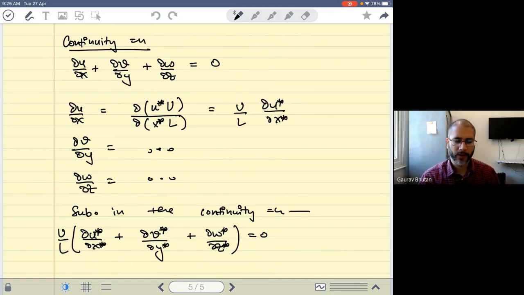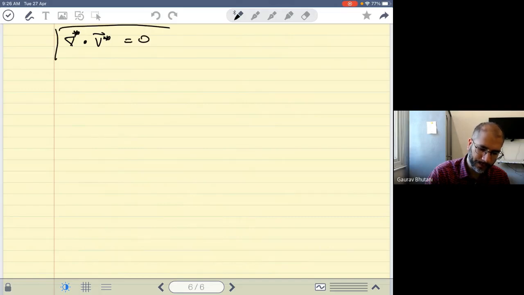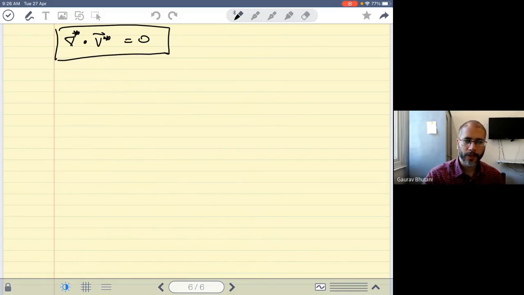They were some reference speed and reference length. They'll cancel out anyway because there's a 0 on the right hand side. So what we are left with is del star dot the v star vector is 0. This is the non-dimensionalized form of the continuity equation. That was very straightforward. We'll call this A.